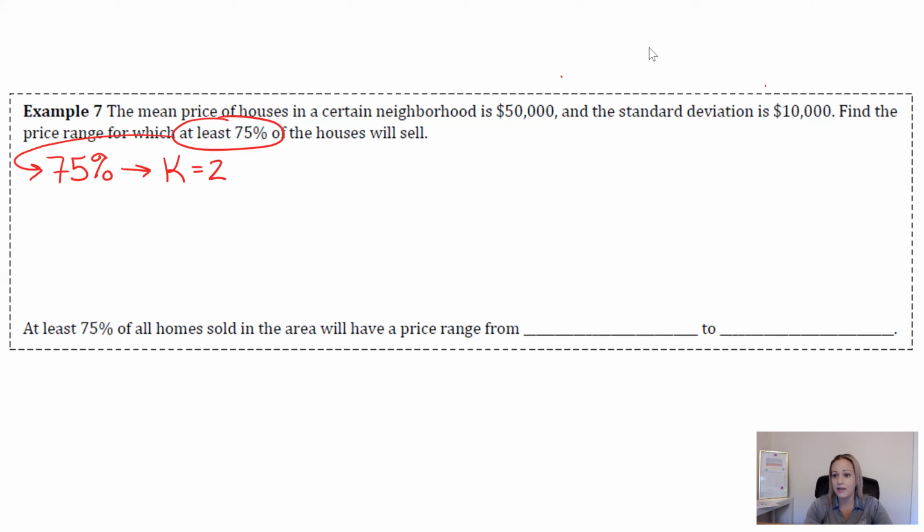To find that range of values, all you have to do is figure out what mu minus 2 sigma is and mu plus 2 sigma. You'll notice I'm getting the 2 here because k was 2. If k had been 3, it would have been 3s. If k had been 4, it would have been 4s, and so on.